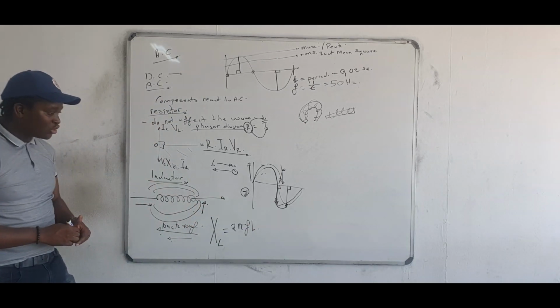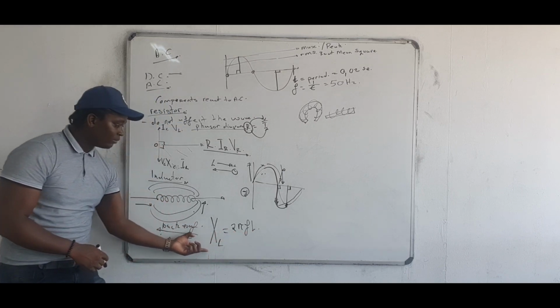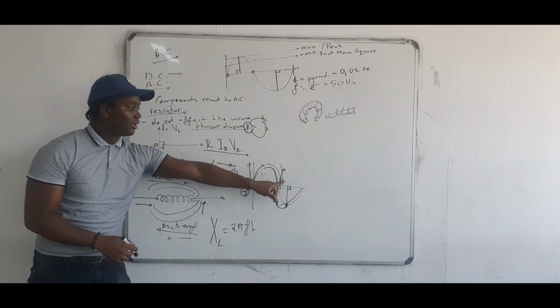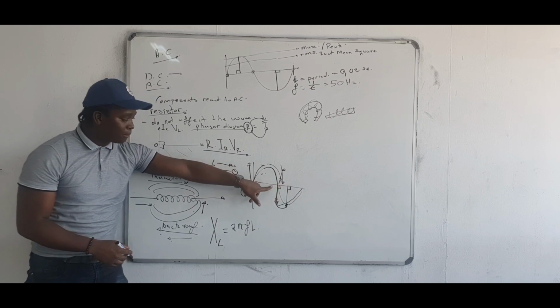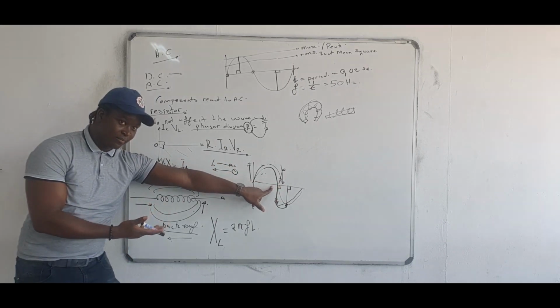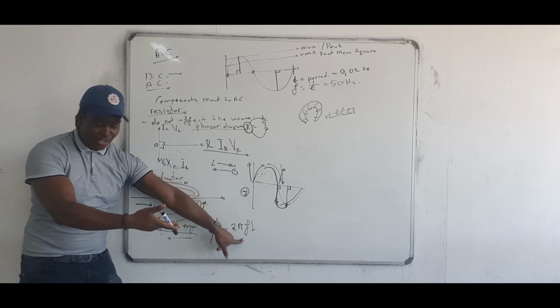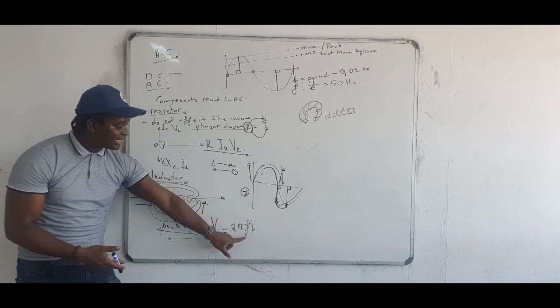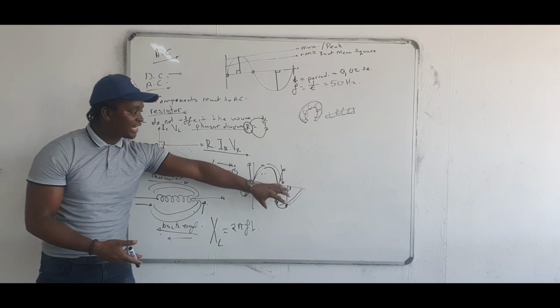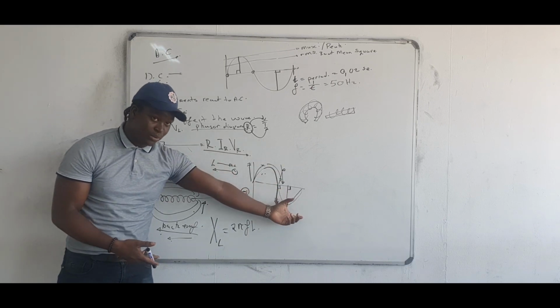Are we together? So here's the thing. Remember, back EMF is only produced when it collapses, right? And your frequency is how many times a second, right? So if your frequency increases, the amount of times it collapses increases. Are we together?